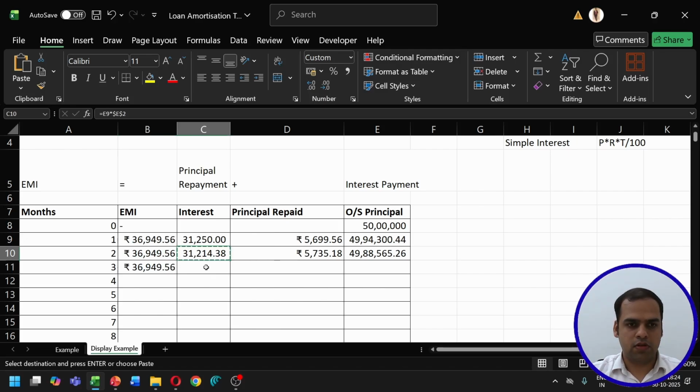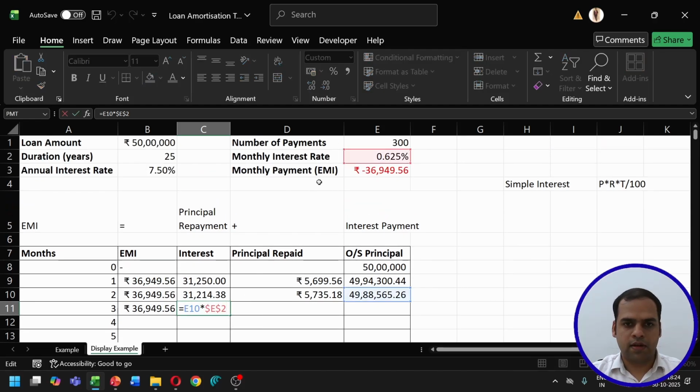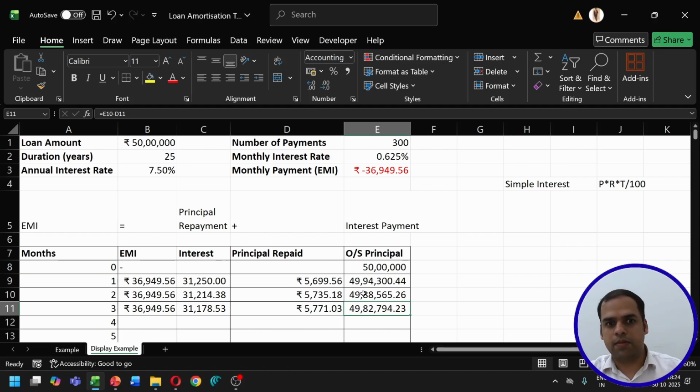Interest will be the same formula, so I'm just copying and pasting this cell. It will be the outstanding principal at the beginning of the month into the monthly interest rate. Now the principal repaid will be EMI minus the interest, and the outstanding principal is the previous month's, or the one at the beginning of the current month, minus the principal repaid.